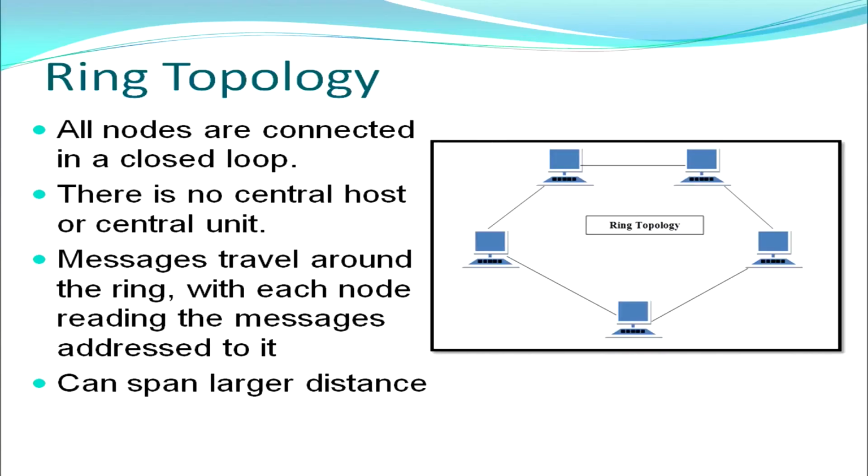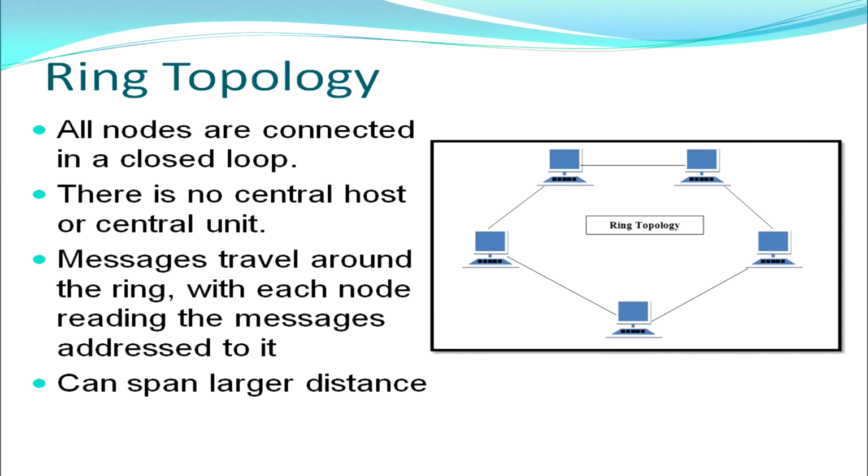Next, we have ring topology. Just like the shape of a ring, the shape of a circle, the computers are connected end to end in a closed loop. There are no central hosts, there are no central control units, there is no computer on which the entire network is dependent.